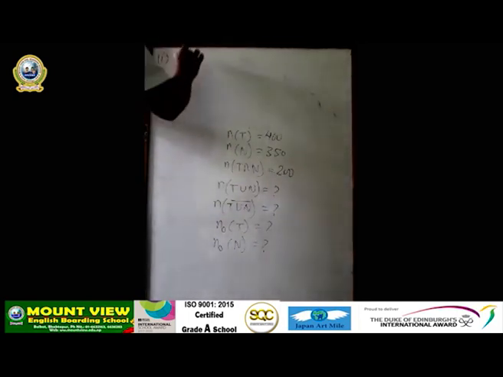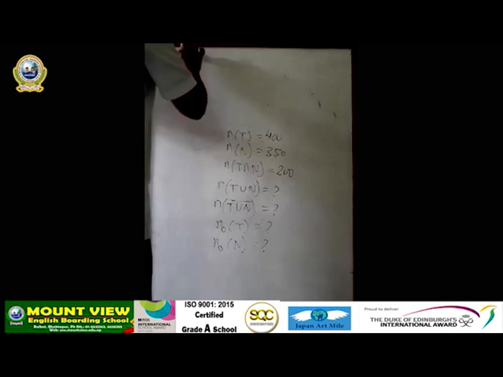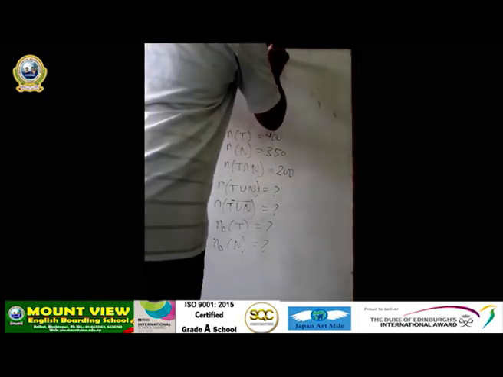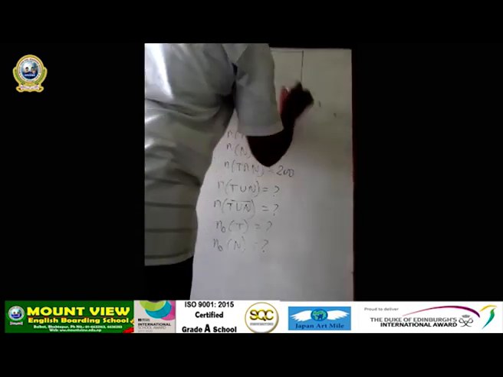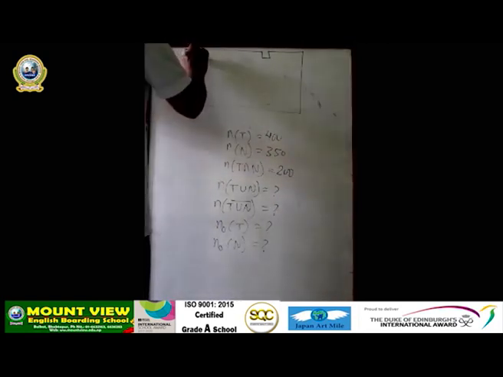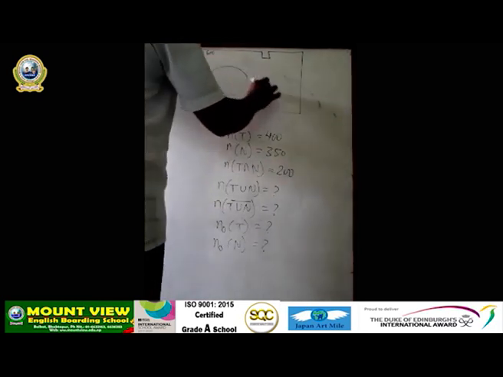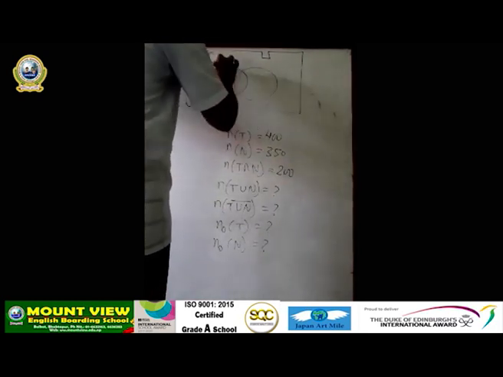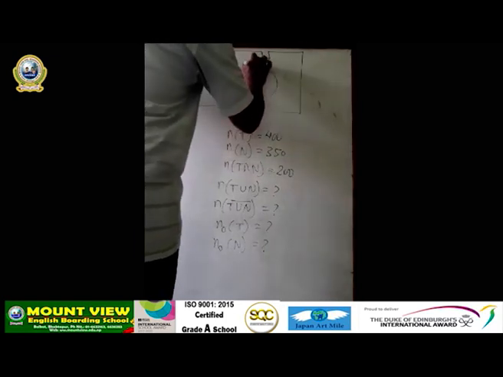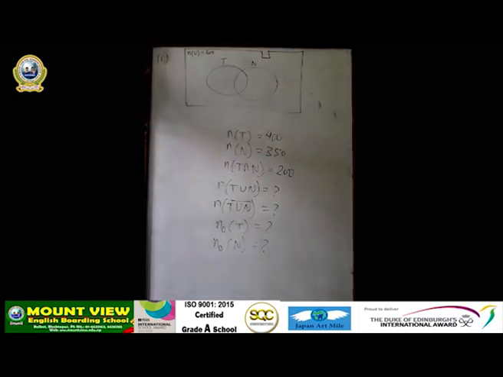ल हेर, अब हामी first question number 1, how to represent the information in a Venn diagram. This is the universal set. n(U) is given to be 600. Tamang and Nepali. T for Tamang and N for Nepali.